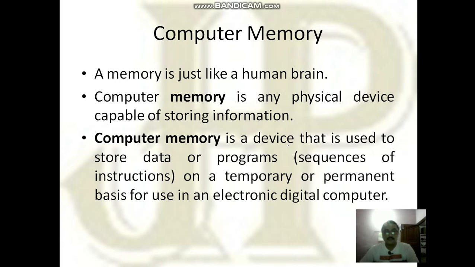Computer memory is a device that is used to store data or programs on a temporary or permanent basis for use in an electronic digital computer. Here, programs can be a sequence of instructions that wants to be processed.